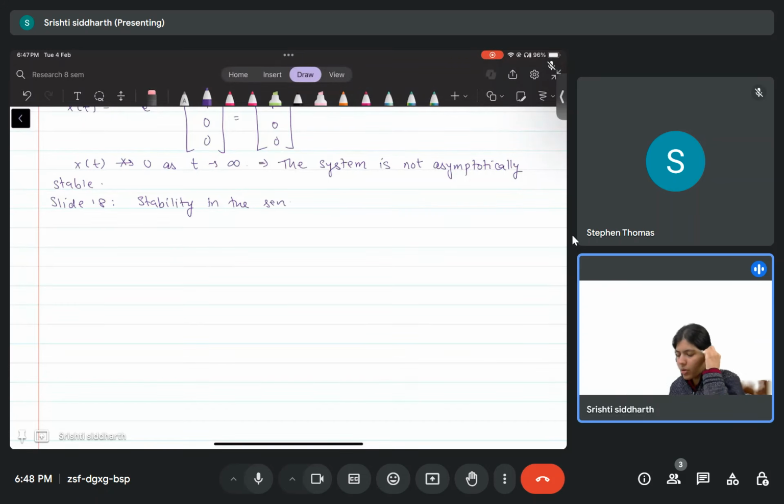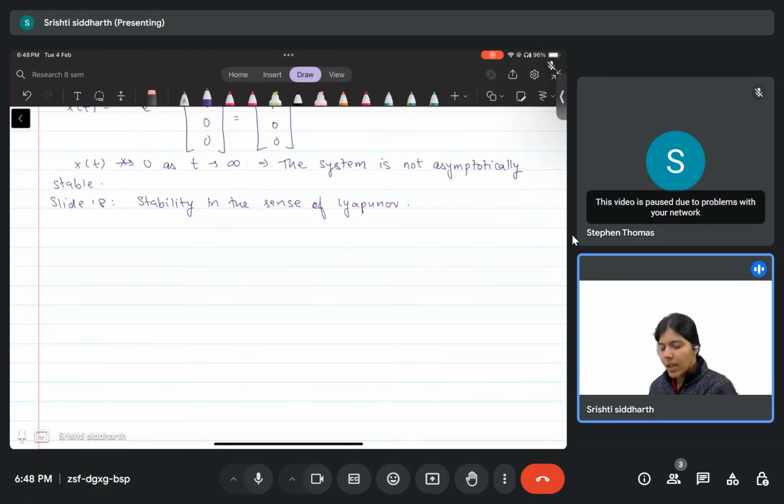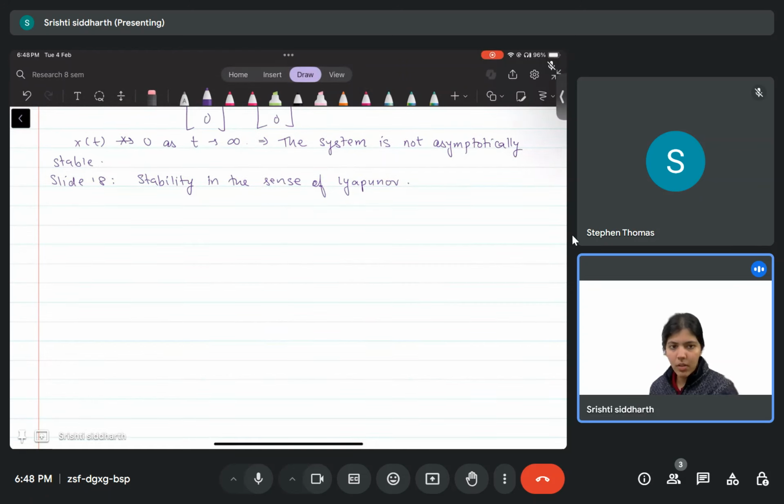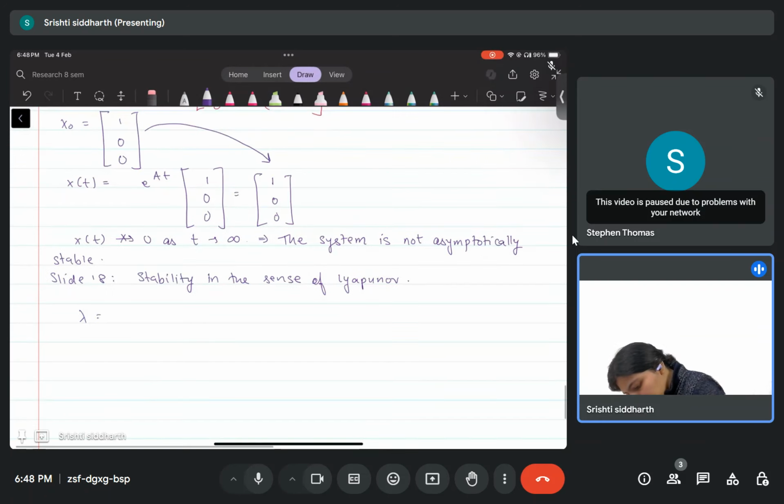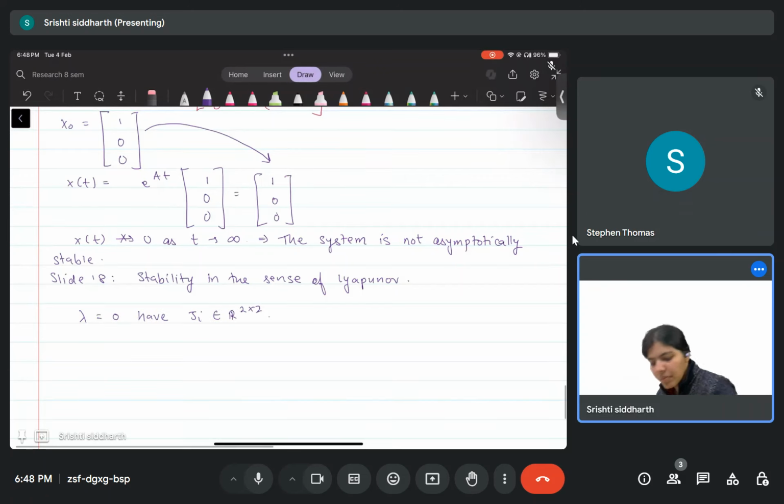So if the eigenvalues all have negative real parts, then the system is of course asymptotically or exponentially stable if it's an LTI system. And if we have some eigenvalues which are on the imaginary axis or have positive real parts, then they should have Jordan block of size 1. But you can see that lambda equals 0 has a Jordan block of size 2 by 2.